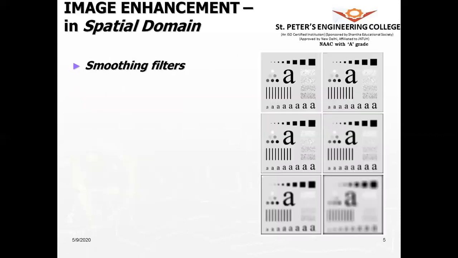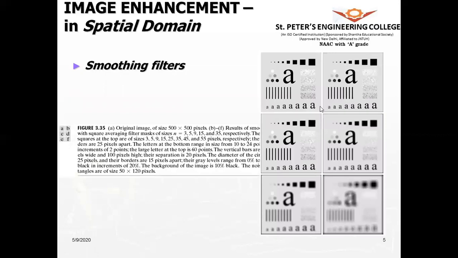So this is the resultant. You have the different images here. As you can see, this image is smoothed by a mask of 3 by 3, and as we go on increasing, the image becomes more blurred. We have seen in the other discussion that ideal filters give rise to a ringing effect.